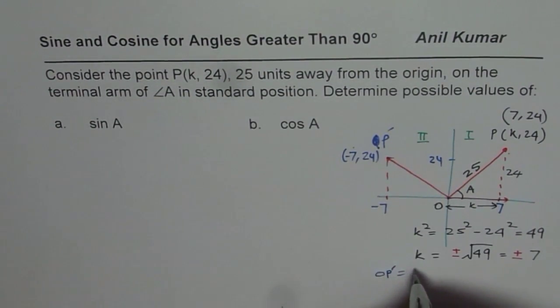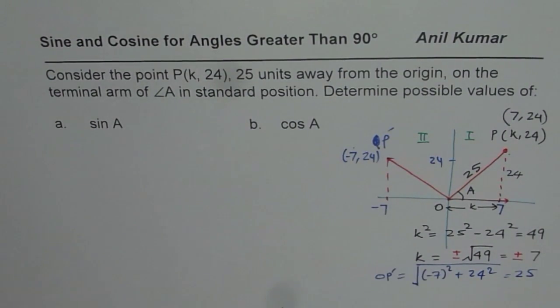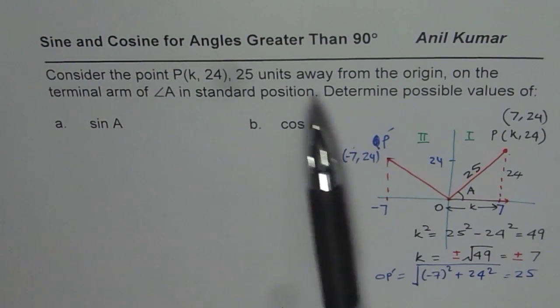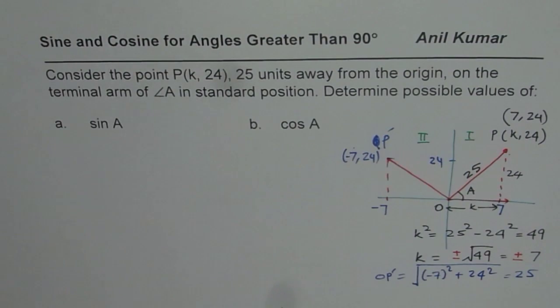OP dash is equal to the square root of (-7) squared plus 24 squared. If you calculate, you will get this as 25. So that is also a possible solution. I want to highlight that whenever you have such a question, look for possibilities of more solutions. Now let's begin to solve.